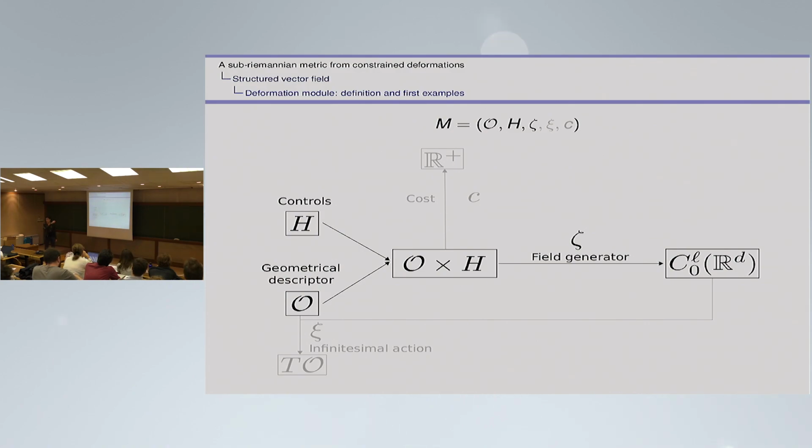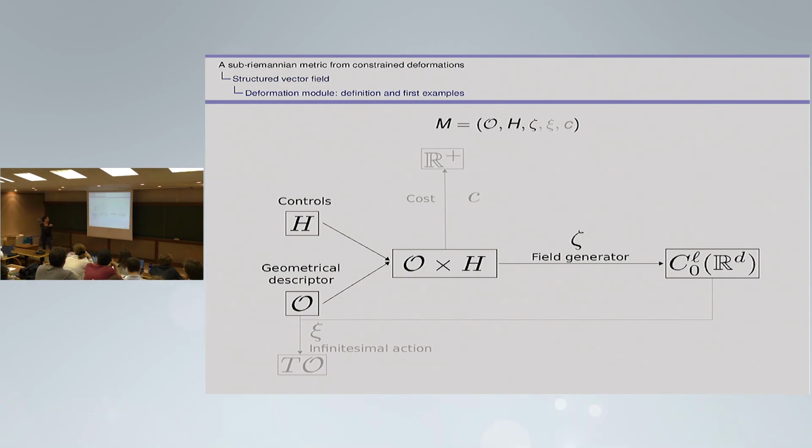H is a vector space. So the field generator is a function that goes to this product space and that returns a vector field. So the field generator is really the way to introduce some structure in the vector field that you want to build, because it will say what are the type of vector fields that you will allow.